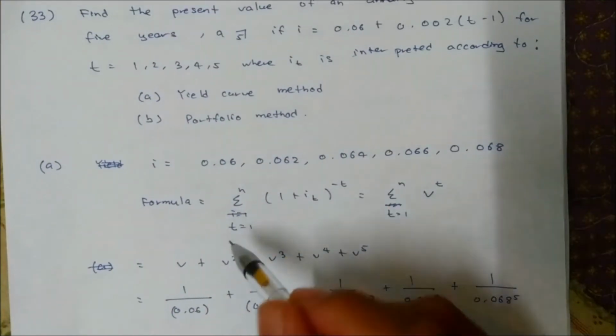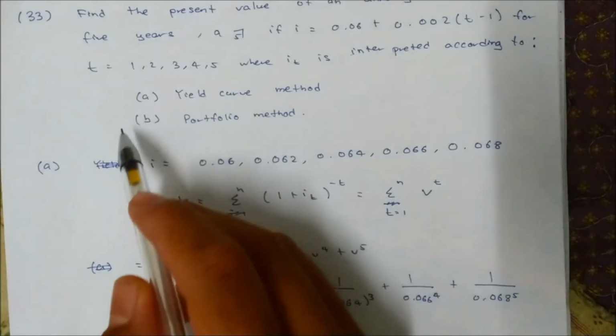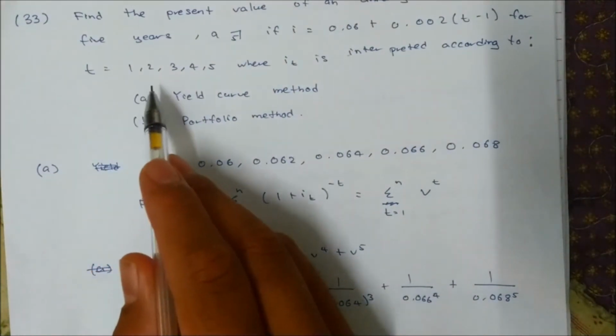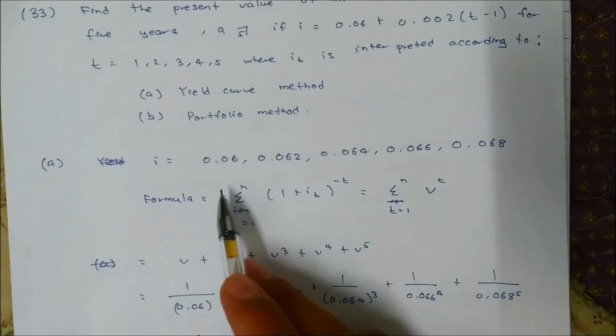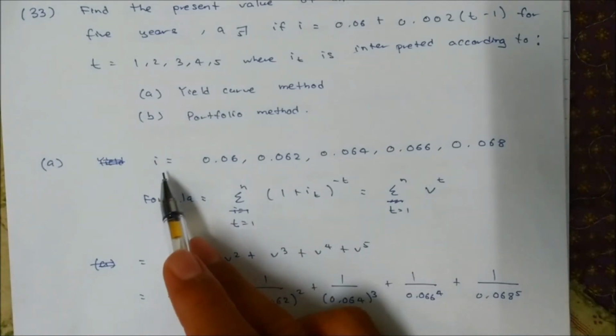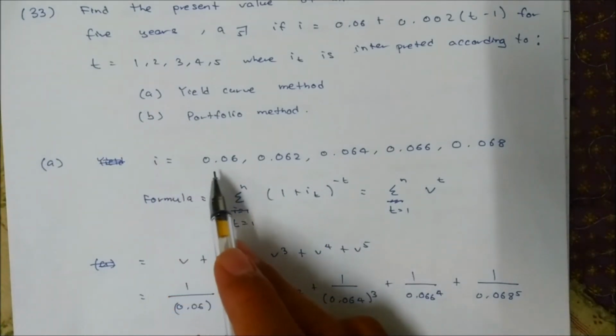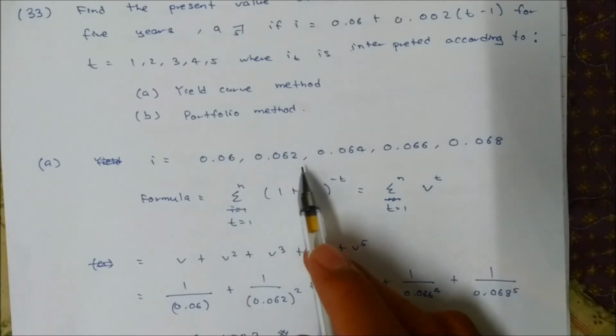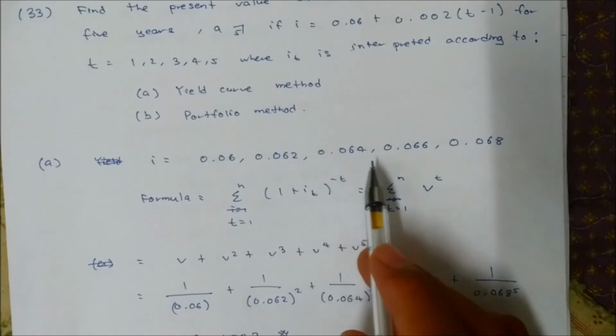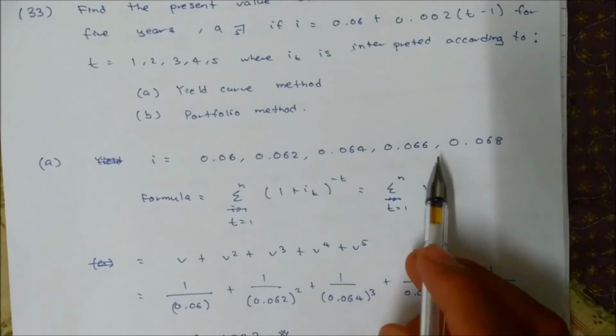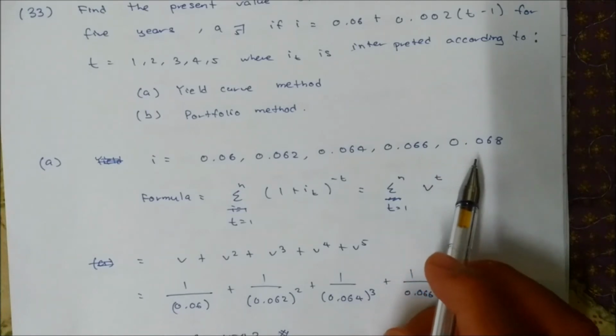Before solving this, find the value of i for the respective values of t: 1, 2, 3, 4, 5. We obtain the series of interest rates: 0.06, 0.062, 0.064, 0.066, and finally 0.068.